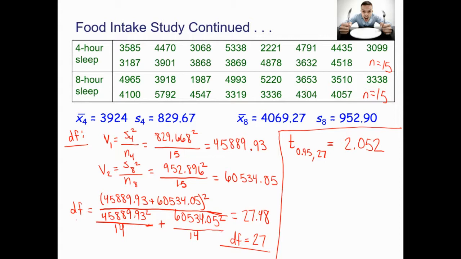Okay, so now let's do our actual interval itself. So it's going to be x bar 4 minus x bar 8 plus or minus the t critical times the square root of S4 squared over n plus S8 squared over n. Plug in our numbers.